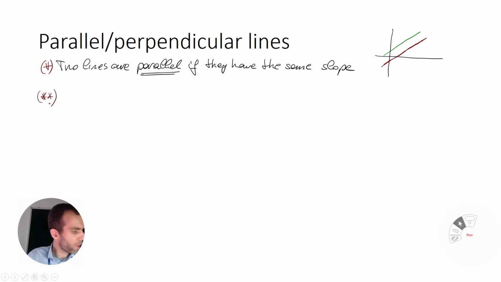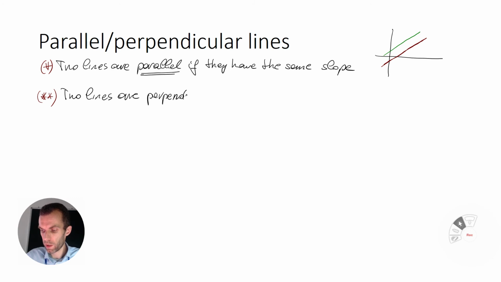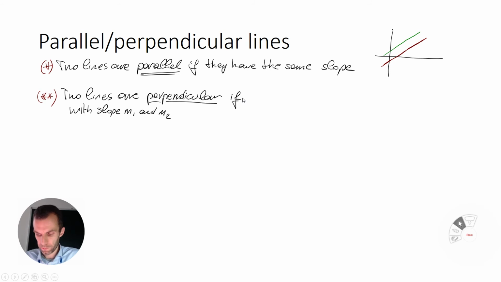And then contrary, two lines are perpendicular, and so here it's two lines with slopes m1 and m2, if m1 times m2, so if you multiply the slopes, you get minus 1.